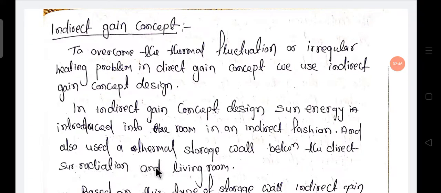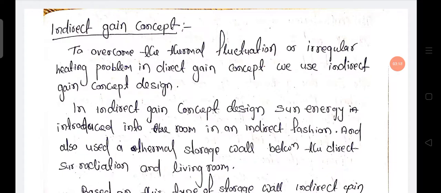The sun does not fall directly inside; it falls on the thermal storage wall, which is placed between the living room and the outer surface.